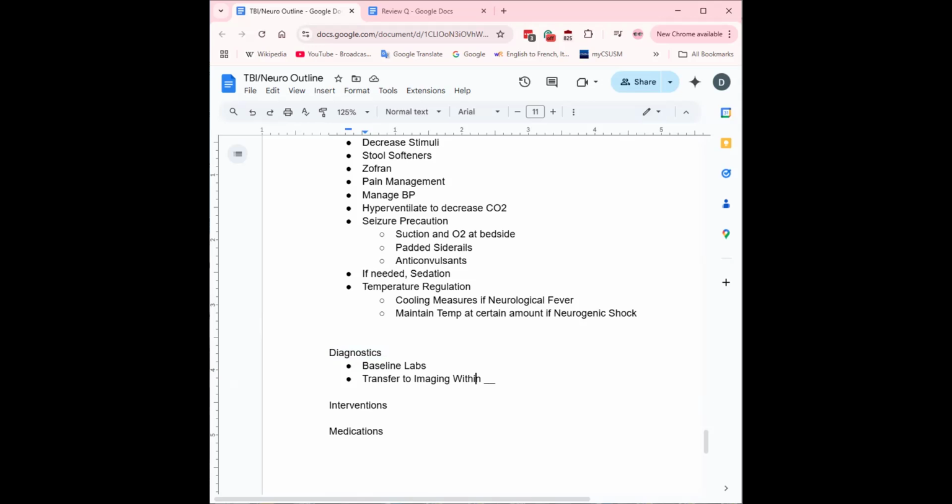I think I do have something here, let me see. Transferred to imaging within 25 minutes of a traumatic brain injury. Just go with that.